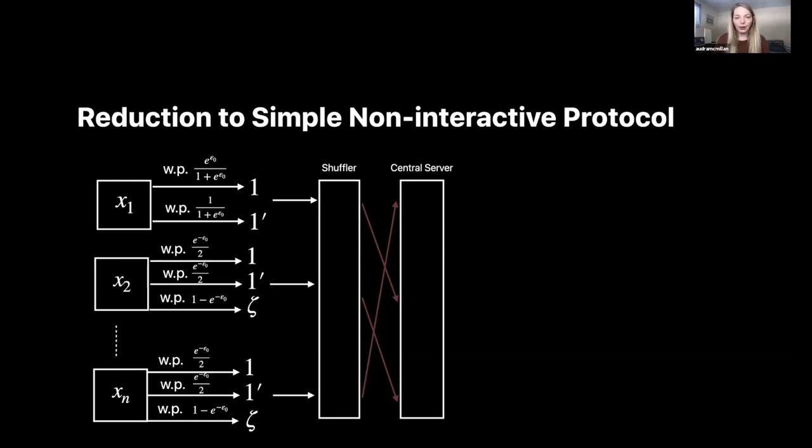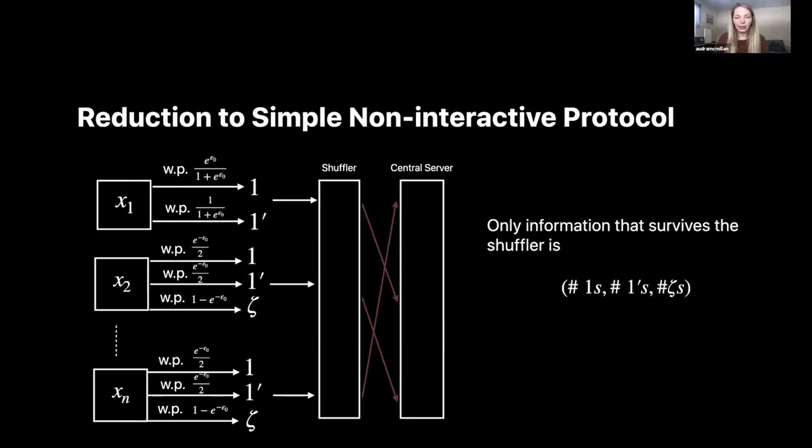I'm creating all of these fake ones and one primes that cloud which one was actually coming from this first data point. And so they cloud the difference between the one and one prime for this first data point. So that's the intuition of why this amplifies privacy. We're creating a bunch of fake data points.